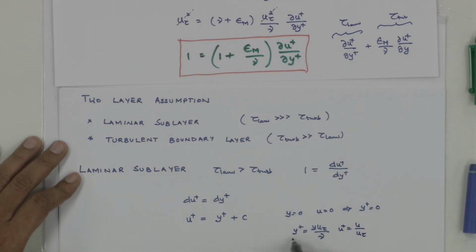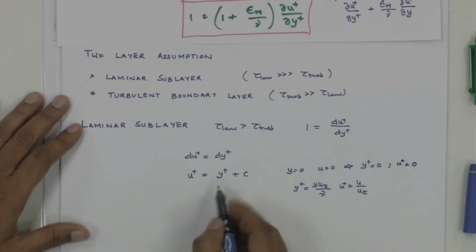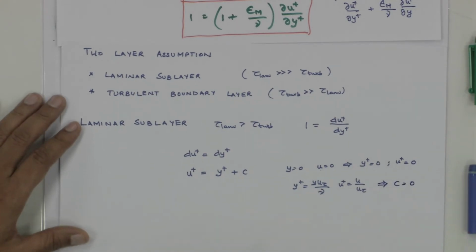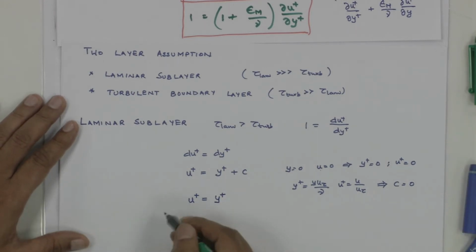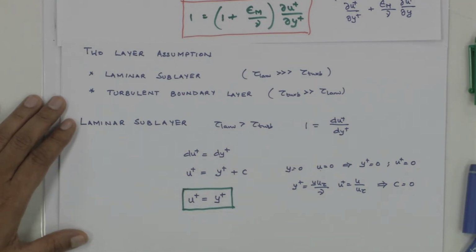When y is 0, y plus is 0, and when u is 0, u plus is 0. So you get u plus equal to 0, which implies that c equal to 0. So you get u plus equal to y plus, this is what we had written yesterday, u plus equal to y plus for the laminar sublayer, correct.